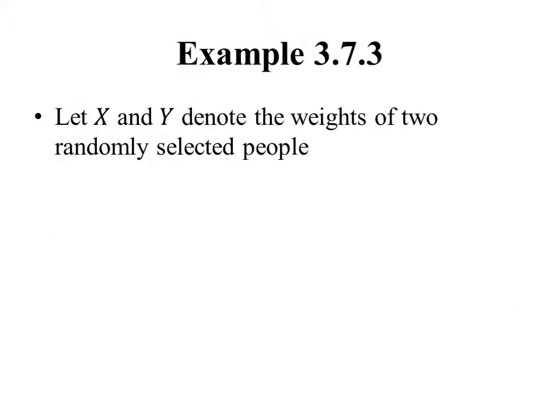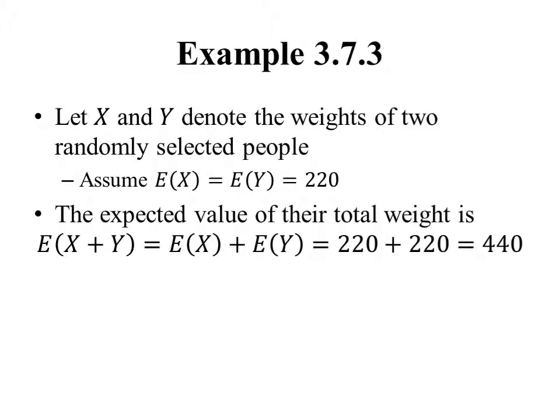So to illustrate this first theorem, let's look at a couple of examples here. So let's let x and y denote the weights of two randomly selected people. And let's suppose that the expected value of each of those weights is 220 pounds. And then we might ask, what's the expected value of their total weight?